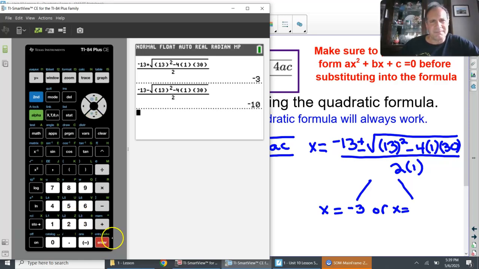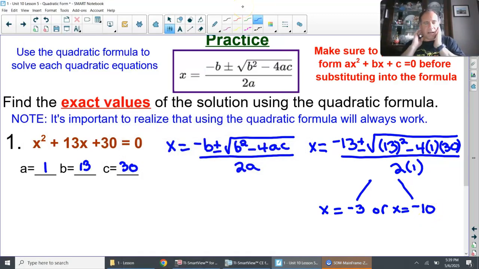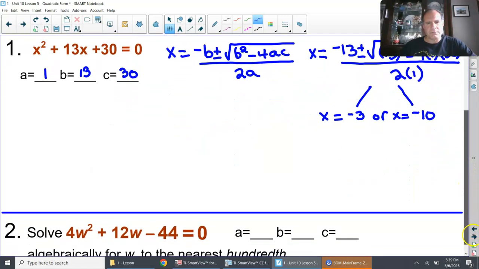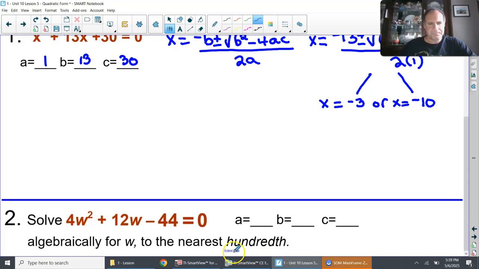It's not difficult to punch in. It's negative 10. And those are the roots. Those are the x-intercepts, the zeros, whatever you want to call them.